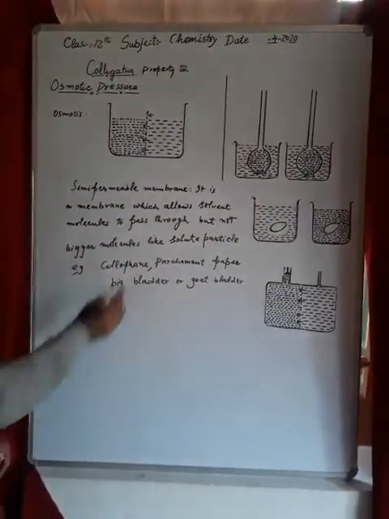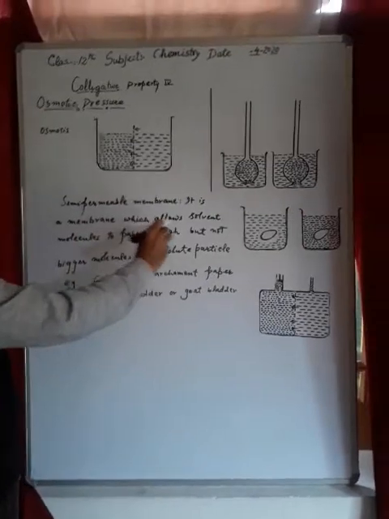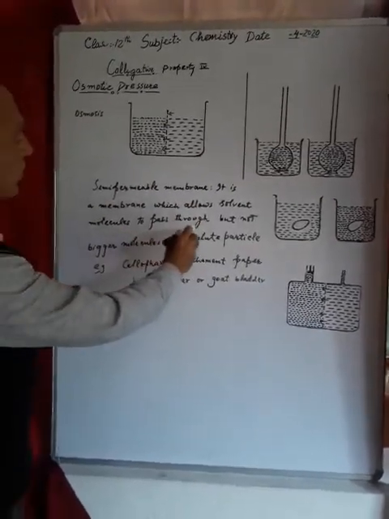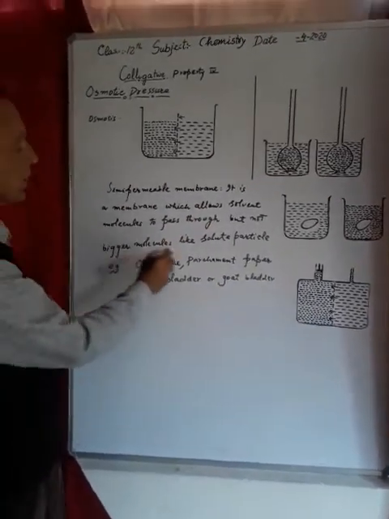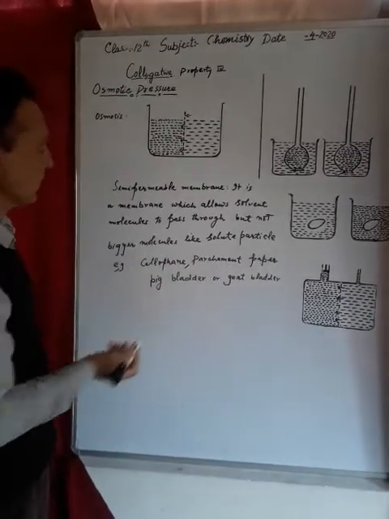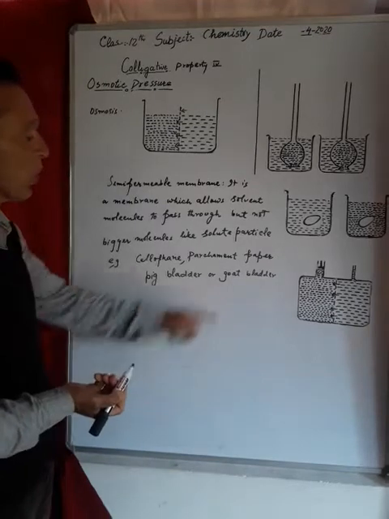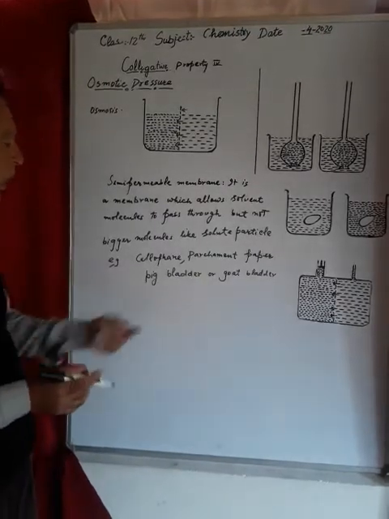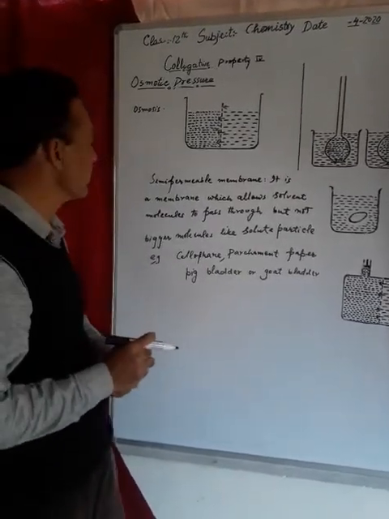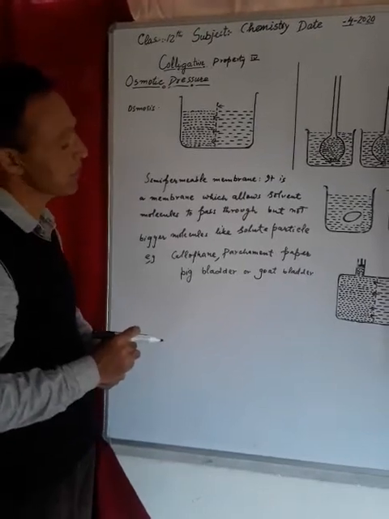What is a semi-permeable membrane? It is a membrane which allows solvent molecules to pass through, but not bigger molecules like solute particles. Cellophane, parchment paper, pig bladder, goat bladder, copper ferrocyanide are examples of the semi-permeable membrane.